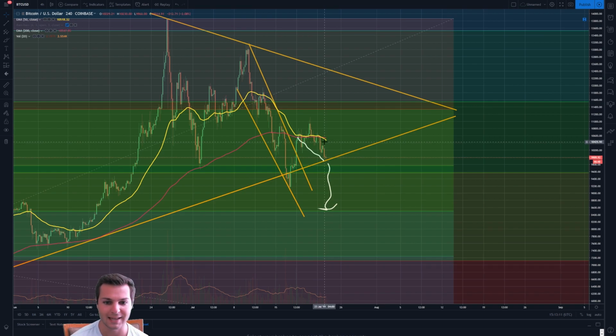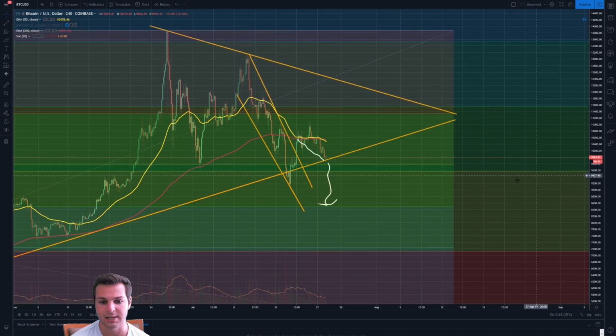What I mean by that is the 200 EMA, the 50 EMA on the 4-hour time scale, and then the 50 EMA on the 1-day time scale. The second thing is, of course, this 382 fib retracement level, as well as this aligned support. This is a significant area, and mark my words, if it breaks, I think things could get very ugly very fast if we don't have some sort of piercing candle action like we've had over in here.